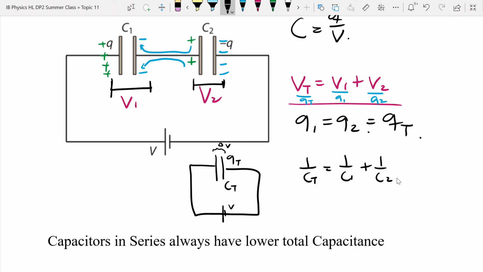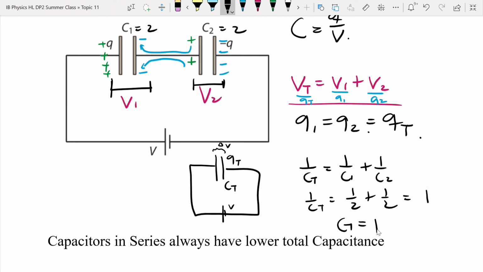Let's give these actual numbers. Say the capacitance C1 equals 2 and the capacitance C2 equals 2 as well. I'm not going to give you units yet. If you input this here, it's 1/2 plus 1/2 equals 1 over the total, and this is just 1. So the total capacitance has to equal 1.